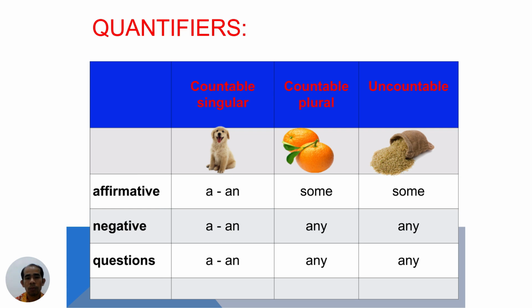But in countable plural, we can use some oranges or two oranges. But for uncountable nouns, we only use some. We cannot use a rice. No, it's wrong, but some rice.